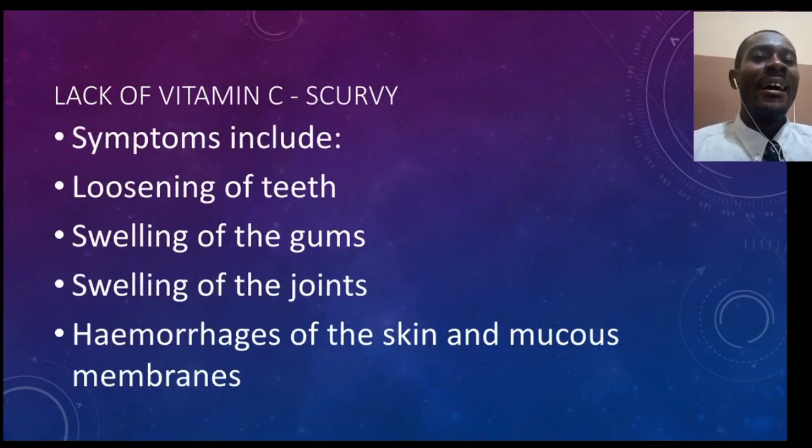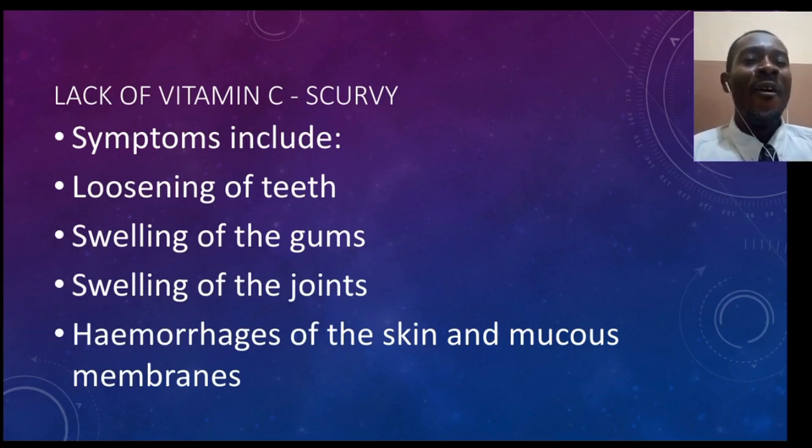And the next one I want you to look at is lack of vitamin C. Lack of vitamin C, and you know that we get vitamin C in things like oranges and the likes, the lime and the rest of them, the ascorbic acid. Now when somebody is lacking vitamin C, the effect is called scurvy.